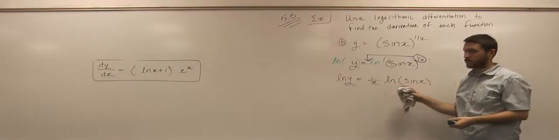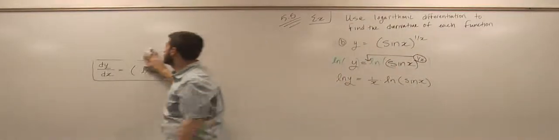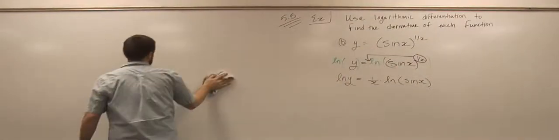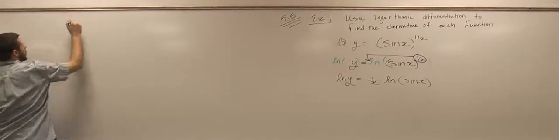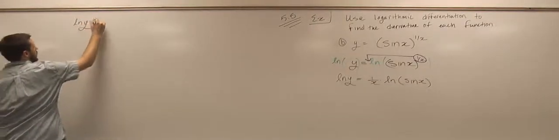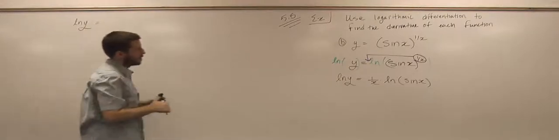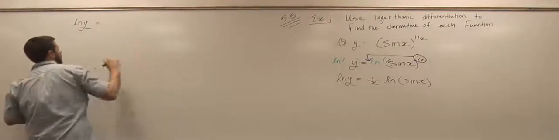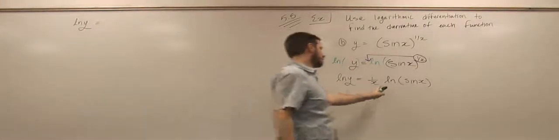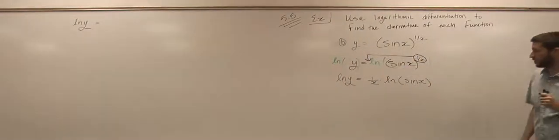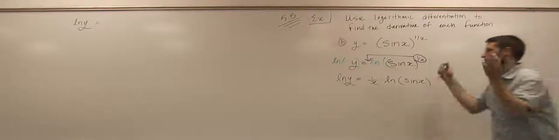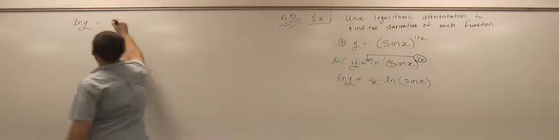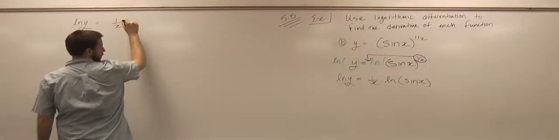So I hit both sides with d/dx. Do you want to leave it like this and do the product rule, or do you want to put the x on the bottom and do the quotient rule? Product rule. All right, let's do product. We like product rule slightly better.